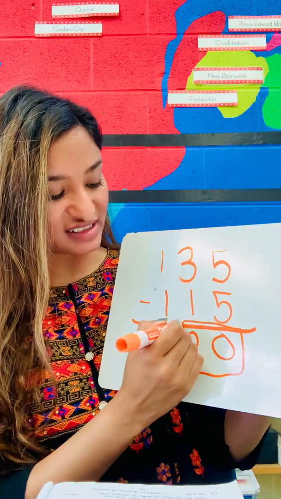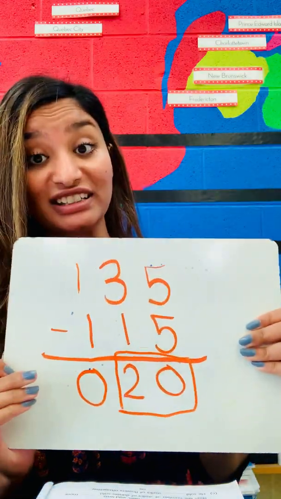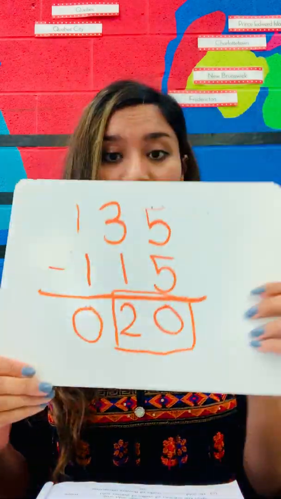That means, what is the difference? 20 is the difference. That means in 115, when they added 20, they got 135. And then in 135, they added 20 again, and they got 155.